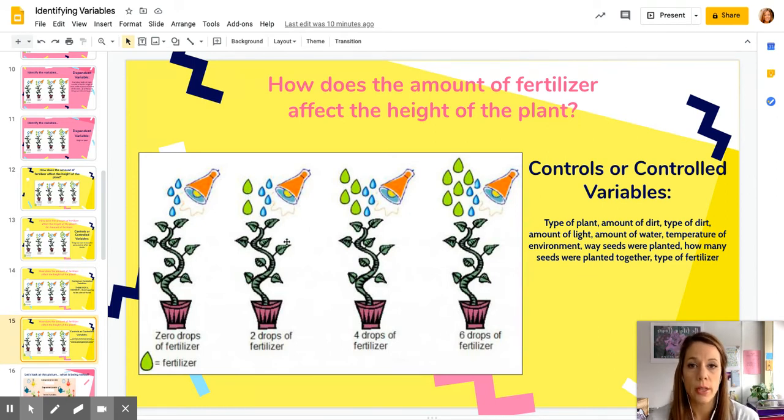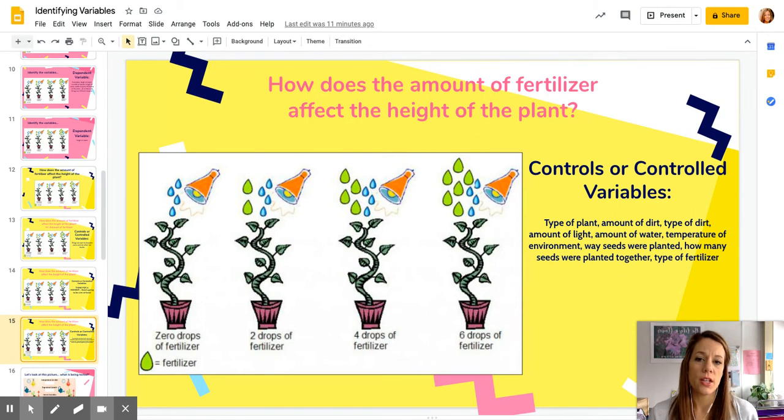So type of plant. If I had some plants that were one type and some plants that were another type, and we were changing fertilizer, our experiment would be faulty. Our results wouldn't be reliable. Amount of dirt, type of dirt, amount of light, amount of water, temperature that these plants are grown in, the way the seeds are planted, how many seeds were planted together, type of fertilizer.